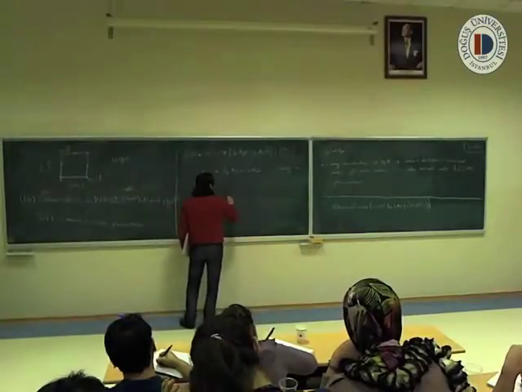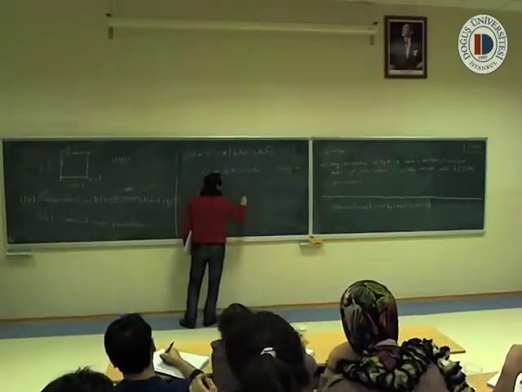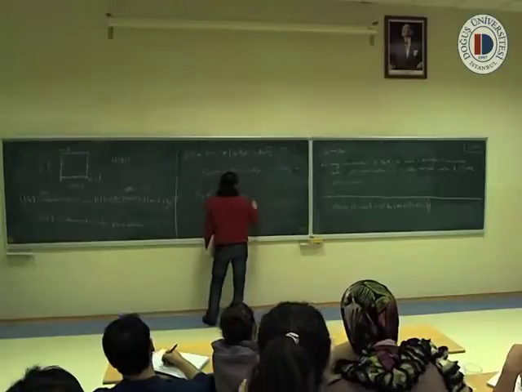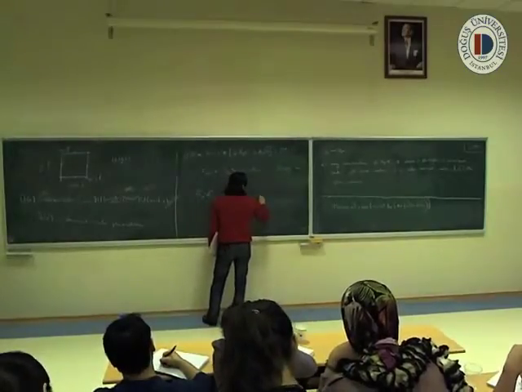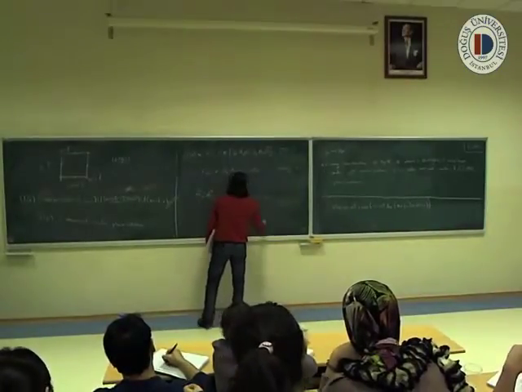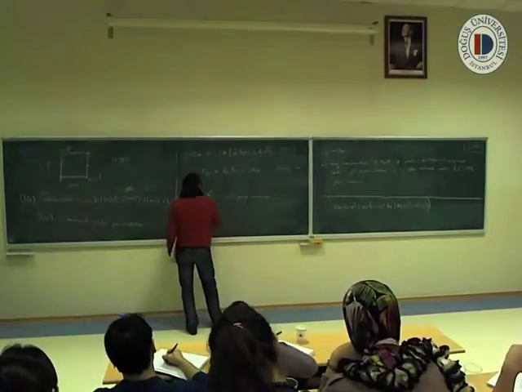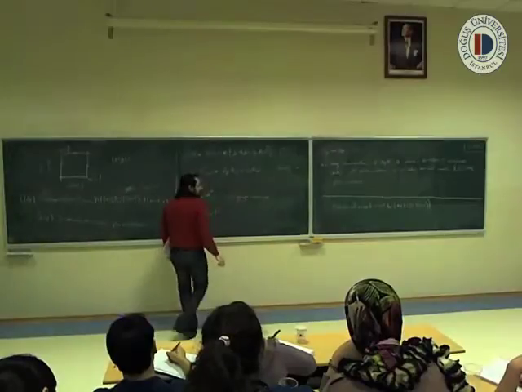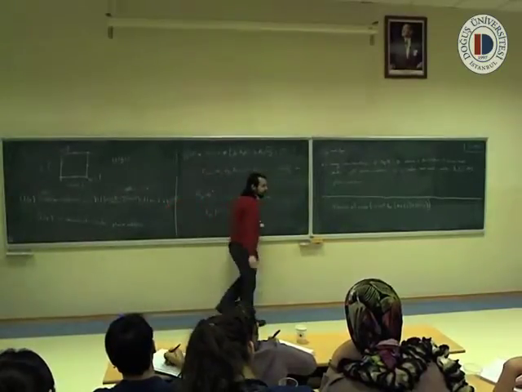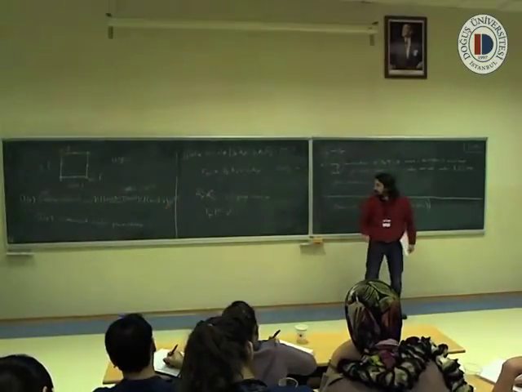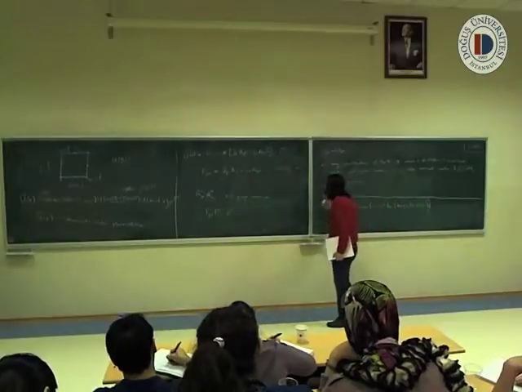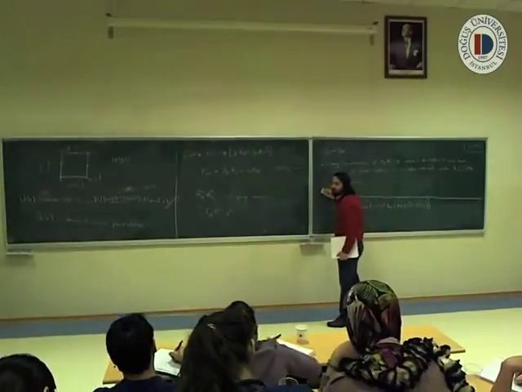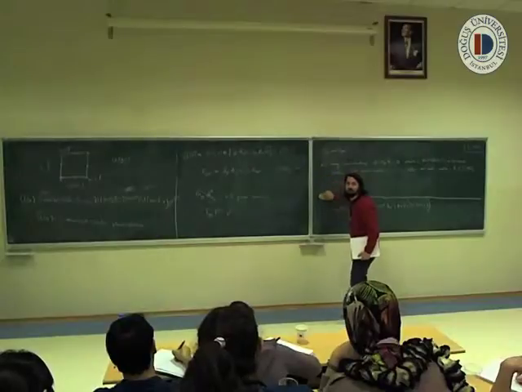It should be clear by now this is not gauge invariant, so you are not allowed to insert this in the Lagrangian. But F mu nu is gauge invariant, and it's allowed. And actually that's your kinetic term.